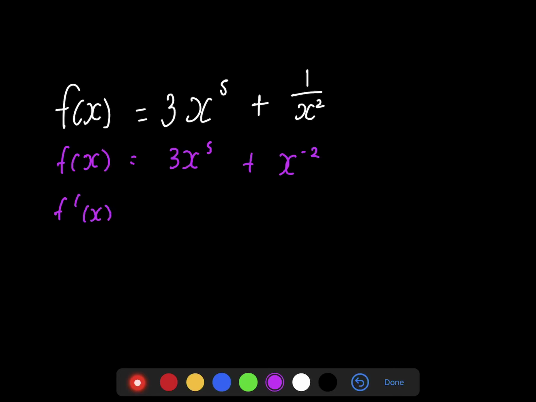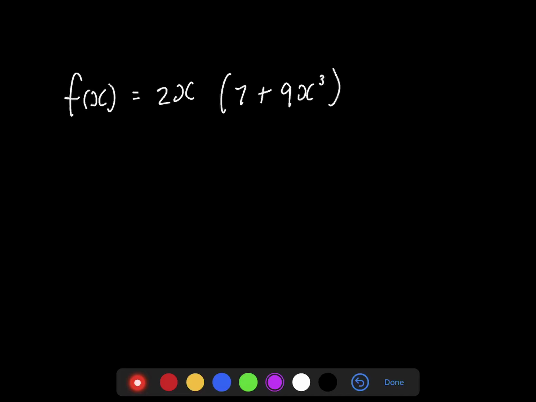So f prime x becomes 15x to the power of 4 minus 2. x to the minus 2 minus 1 is minus 3. And if we simplify that, 15x to the power of 4 minus 2 over x cubed. So we've returned it to the original form.